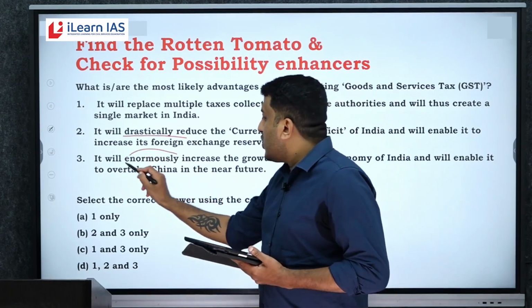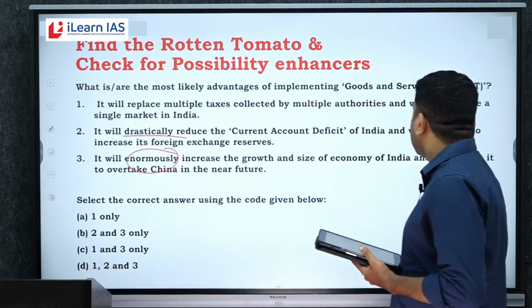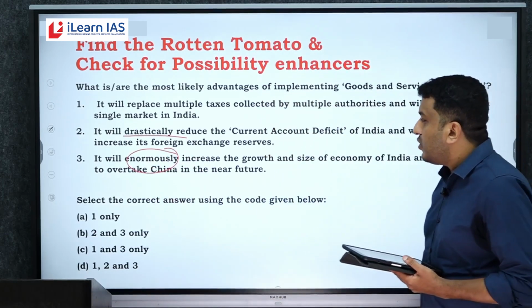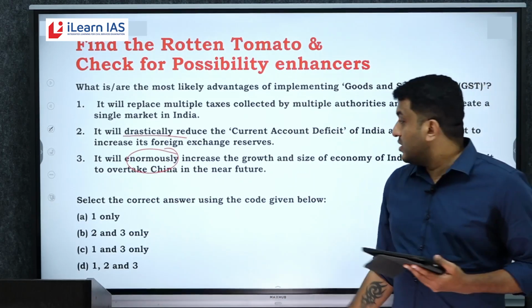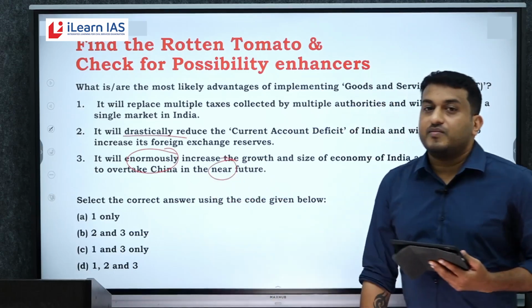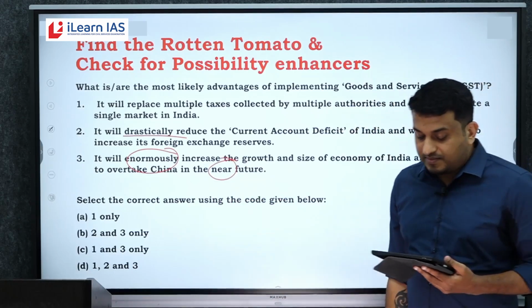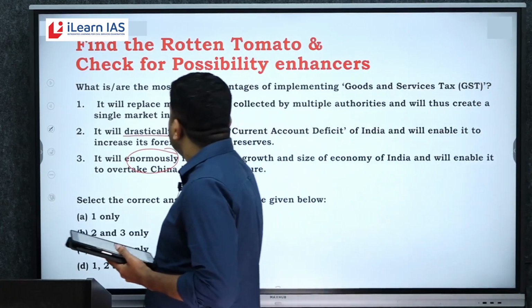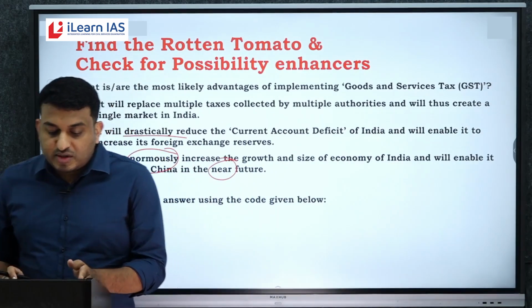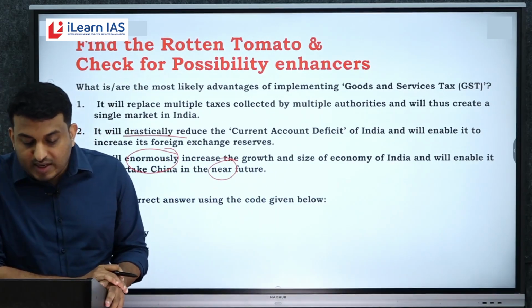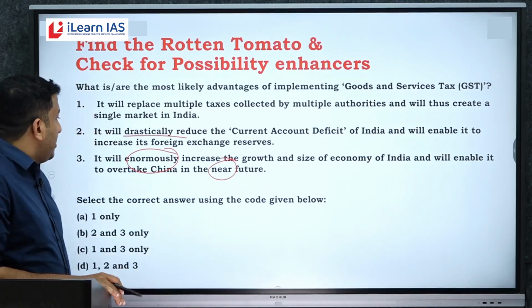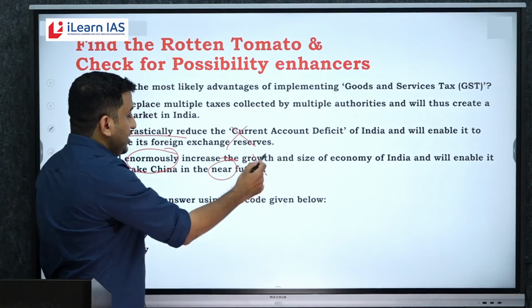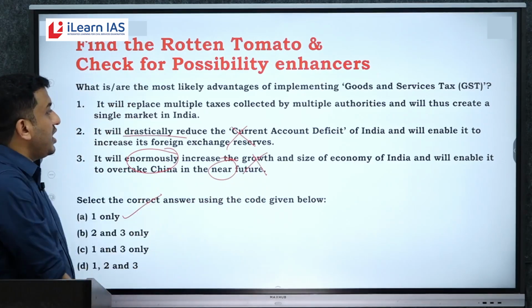Statement 3, it will enormously increase the growth and size of the economy of India and enable it to overtake China in the near future. Enormously. Near future. These are actually the keywords. Getting it? Most likely means very much possible. So you can eliminate statement 2 and statement 3. What is the answer?